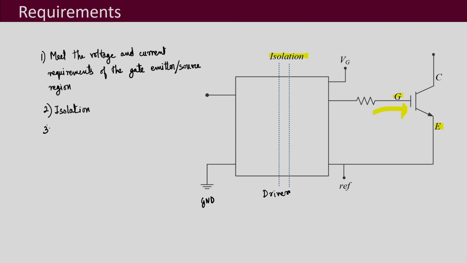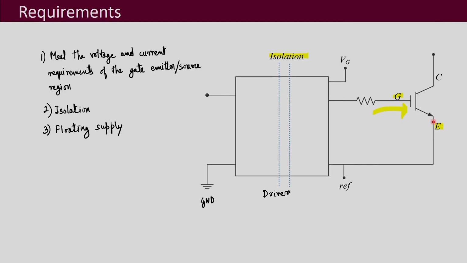Then next, it should be able to work with a floating supply. Why are we talking about a floating supply here? Because this emitter point may be floating. As we saw in the H-bridge one leg example, the lower IGBT's emitter is not floating, but the upper IGBT's emitter potential is floating.